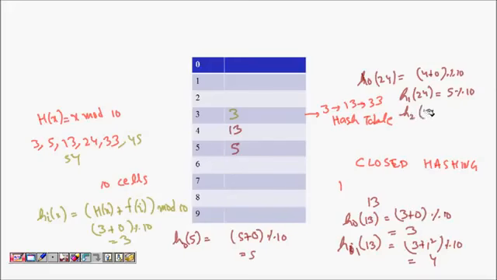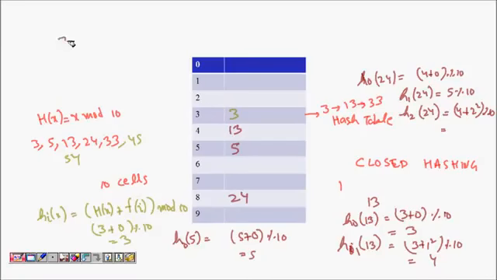So h_2 of 24 is 4 plus 2 square, percentage 10. So 4 plus 4 is 8 modulo 10, and 24 will come here.